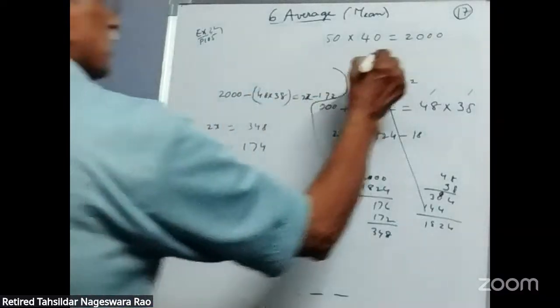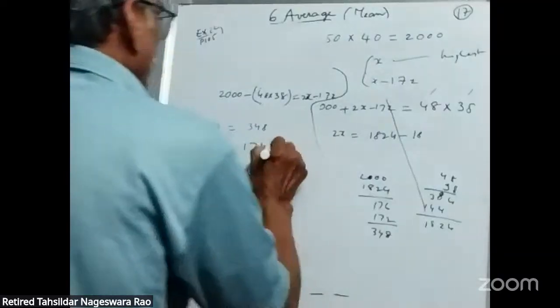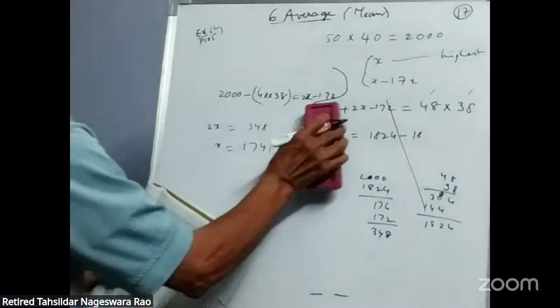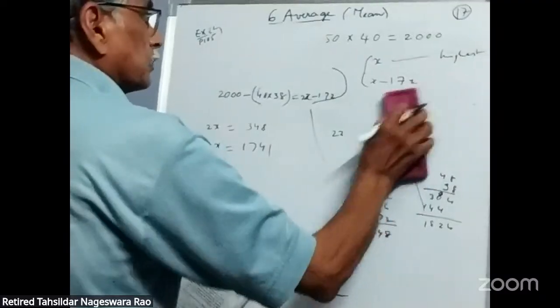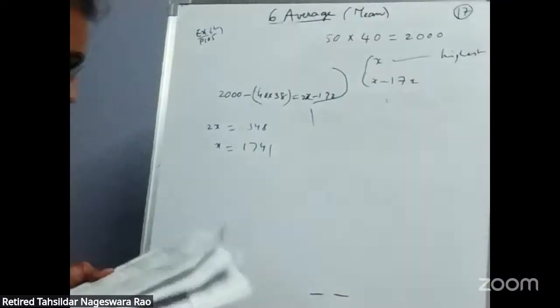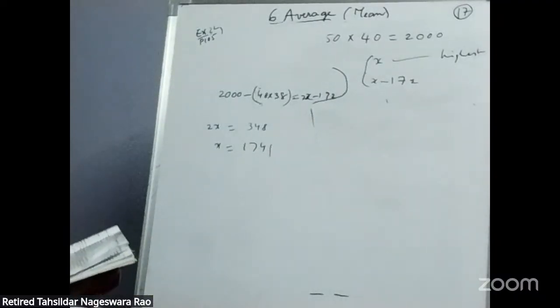We assumed this is the highest score, and we have found it. 174 is the highest score. We did it in reverse, we made a mistake. Next question.